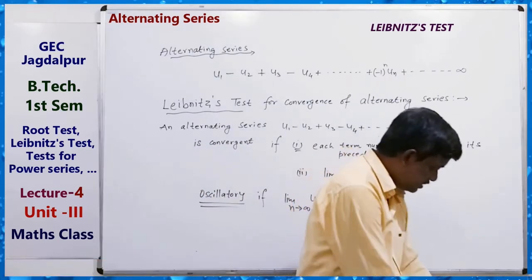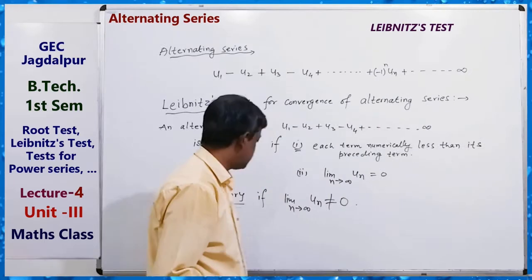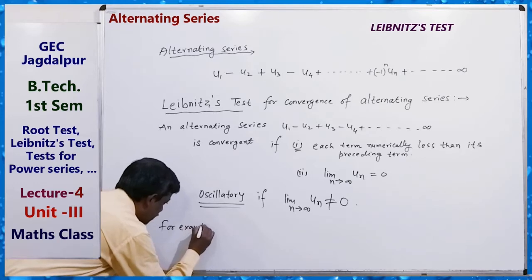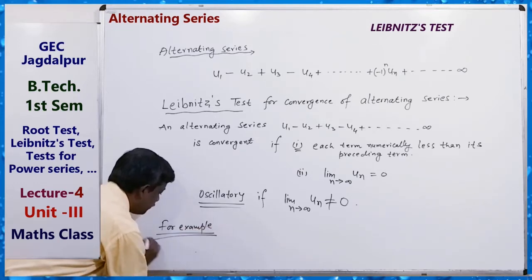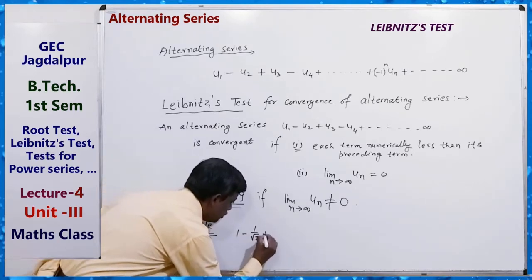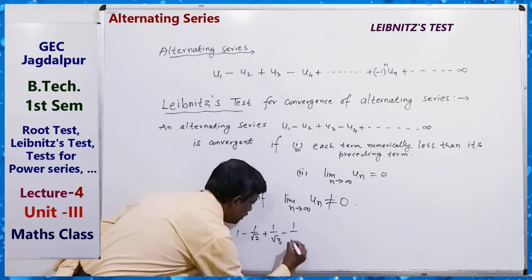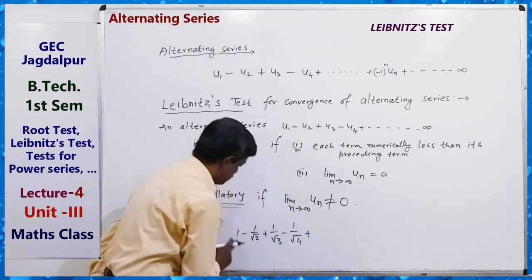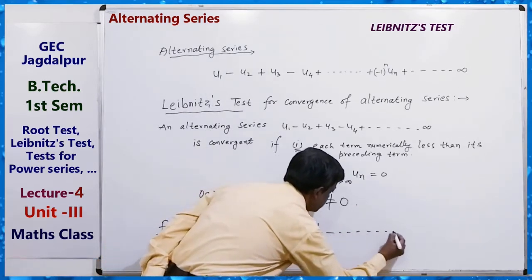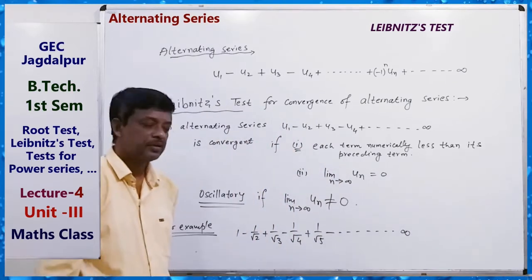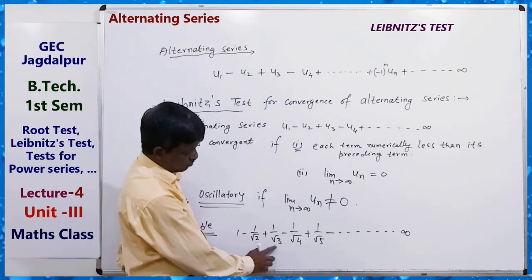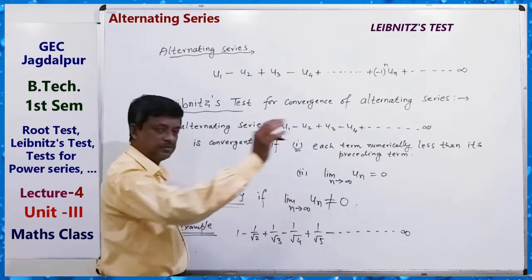For this Leibniz test, see an example. For example, 1 by root 2, minus 1 by root 3, plus 1 by root 4, minus 1 by root 5, and so on.